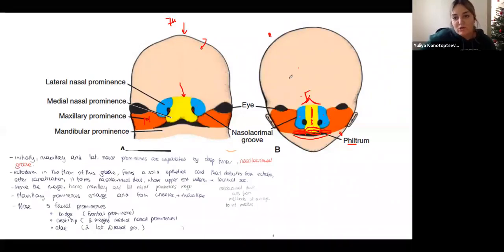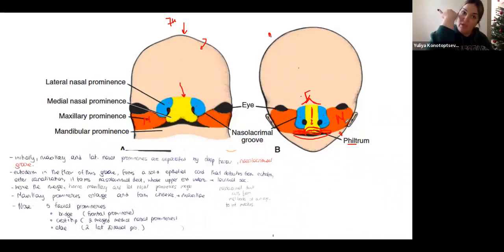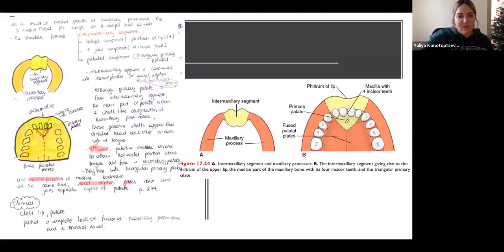So everything that we're talking about here is very superficial. Now we have to go to a deeper level, because you must know that your maxillary prominences are not just here, right? They go deep into your face. The maxilla is a very huge bone that goes all the way deep into your face. Specifically, what we have to talk about is your palate, the roof of your mouth, okay? So your hard palate, that's what we have to talk about.